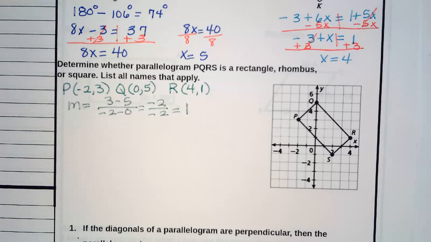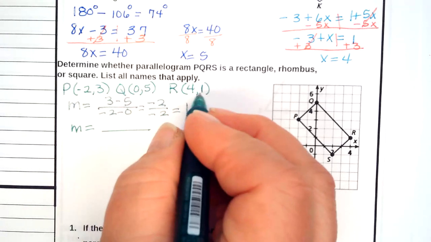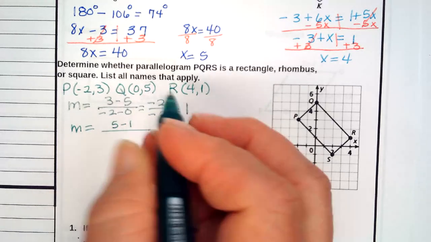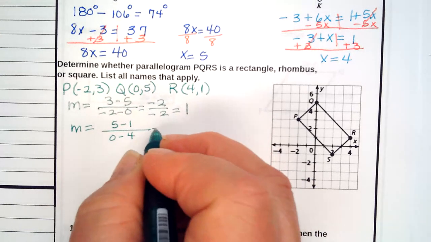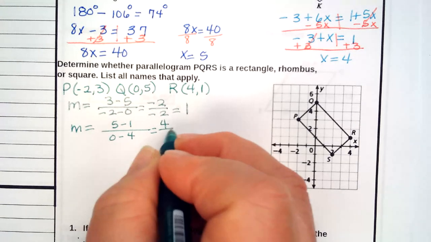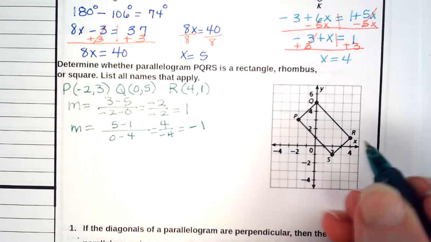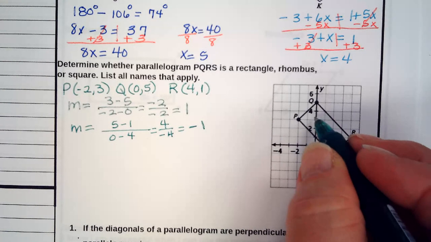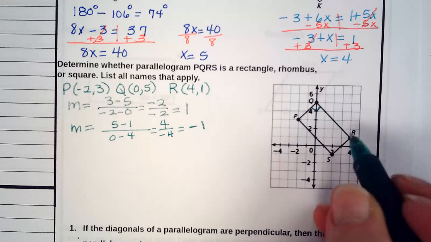So if they're going to be opposite reciprocals, I better get a -1 for the next slope. Between Q and R, 5 minus 1 over 0 minus 4. 5 minus 1 is 4. 0 minus 4 is -4. I have a slope of -1. Those are opposite reciprocals. I know that I have a right angle. Now, if I have one right angle, what happens?